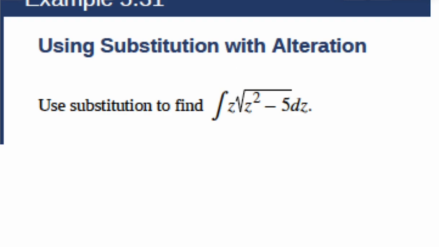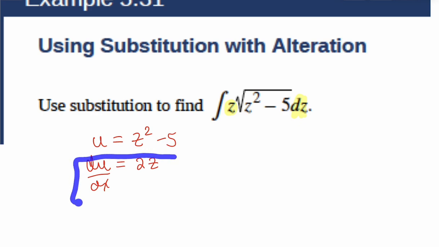So let's do our substitution. So our u is going to equal the stuff stuck inside. Du dx is going to be 2z. And now here is where you have to fix the problem that there isn't a 2. In the problem, there is only a z and a dz.